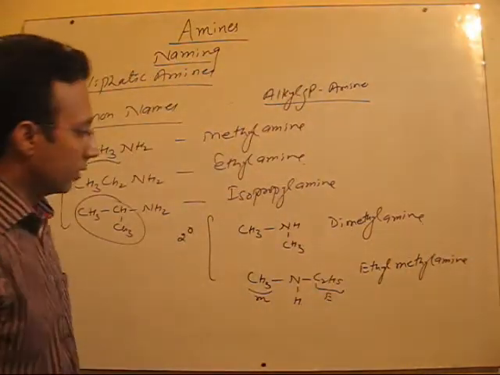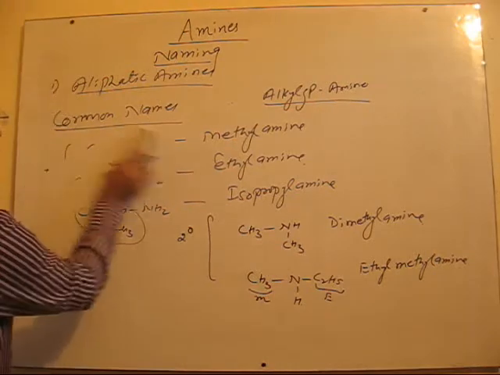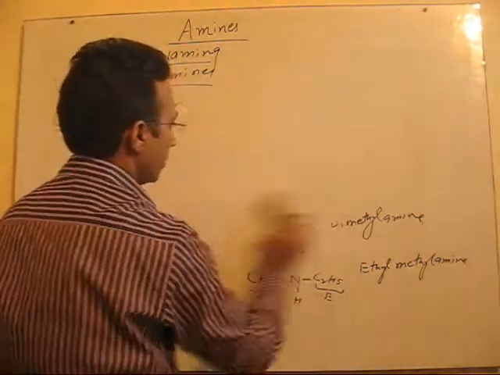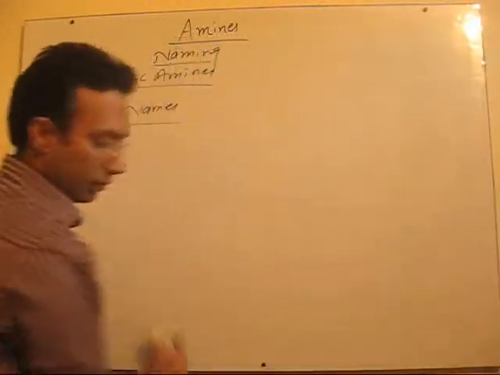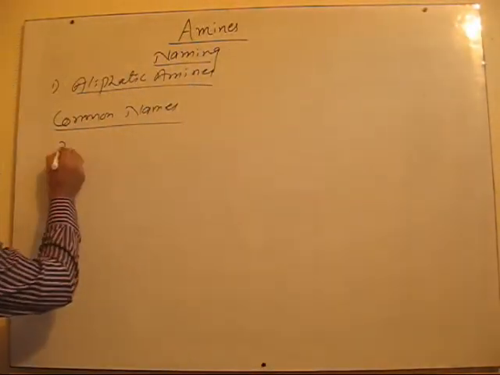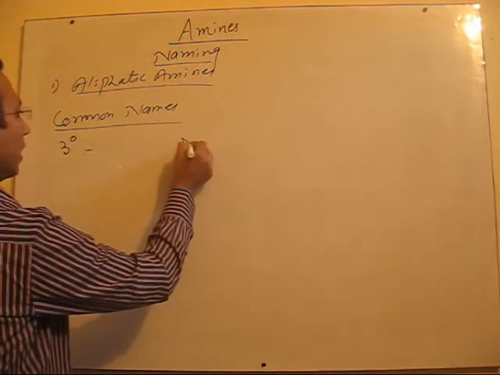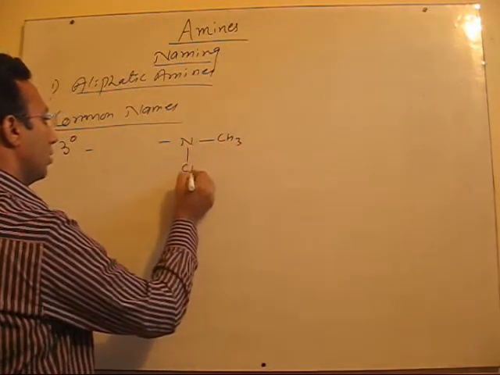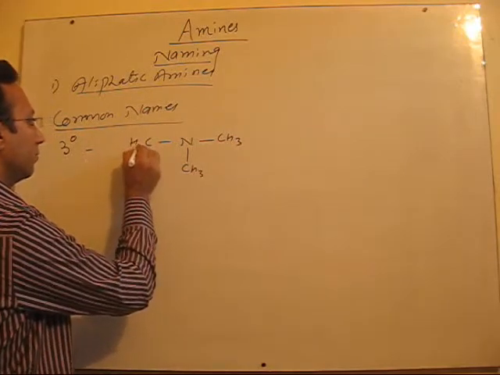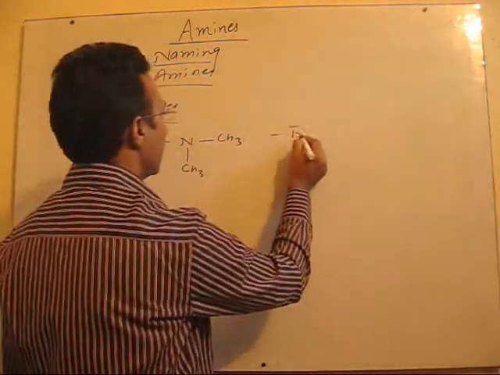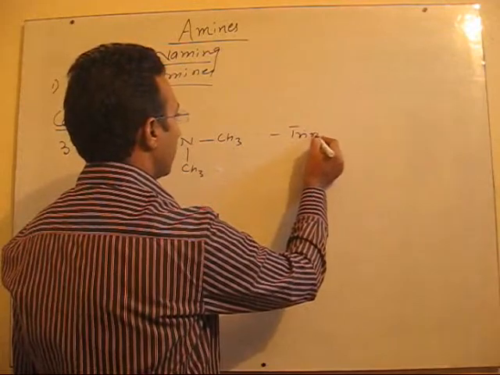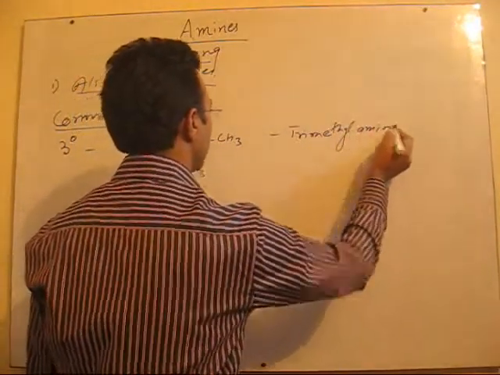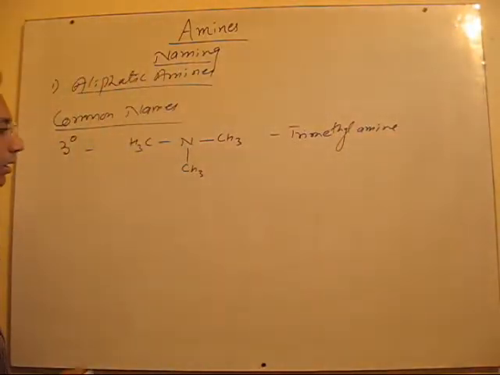Fine. Then let me take some examples from tertiary amines. In case of tertiary amines, we have three R groups around nitrogen. Suppose all the three are the same, then it is simple, it is trimethylamine.